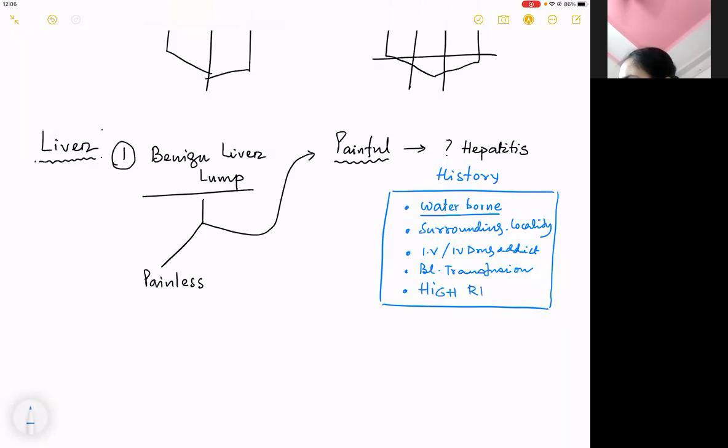High risk behavior. Medicine guys, particularly dermatology guys, will teach you the objective definitions of high risk behavior, like having more than one sexual partner, or not using any protection. So remember that patients with hepatitis will have this in the history.